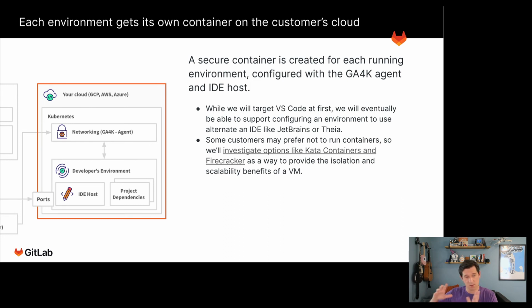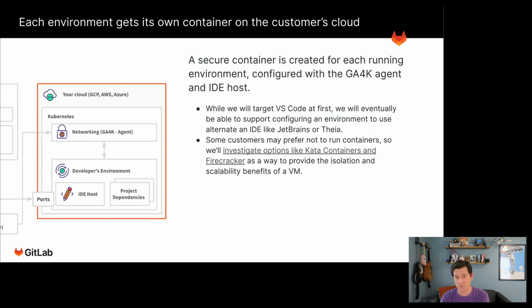Once your container has been provisioned in the cloud, you'll have an instance of the GitLab agent in there and an IDE host. This architecture supports being able to define what IDE host we will have running in the container.